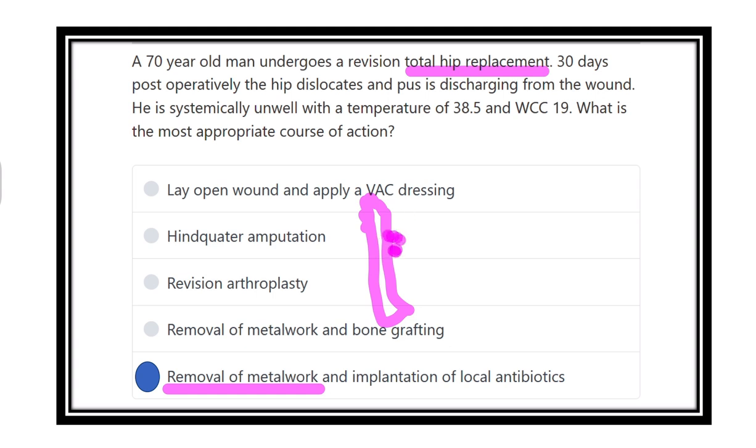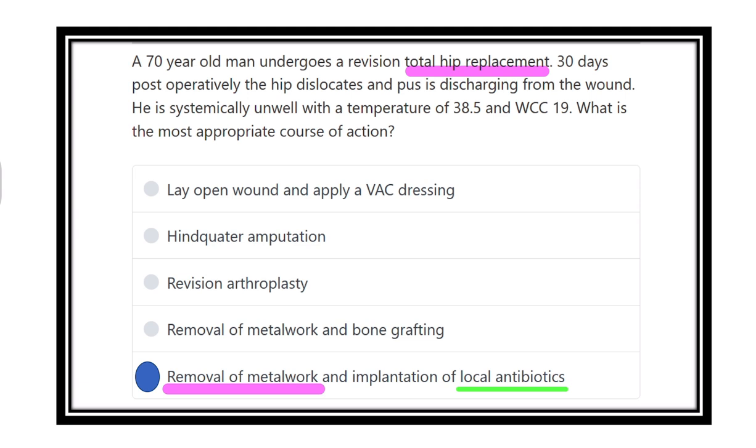The antibiotic cannot reach the organisms, because around the prosthesis there is a shell, a defensive area. So to treat a prosthesis or implant infection, first of all we should totally remove the prosthesis, and then give local antibiotics, then it will work.